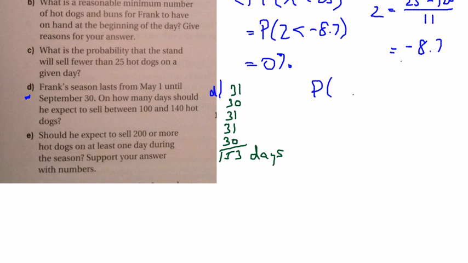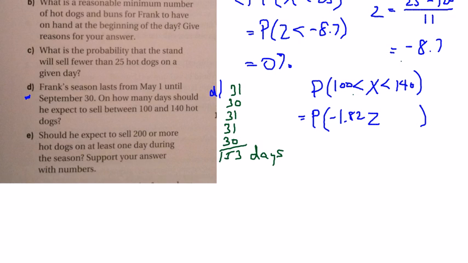So the probability that his x value will be between 100 and 140, well, we need to find the z-scores associated with those two numbers. And so that's the same as the probability that his z-scores will be between negative 1.82.